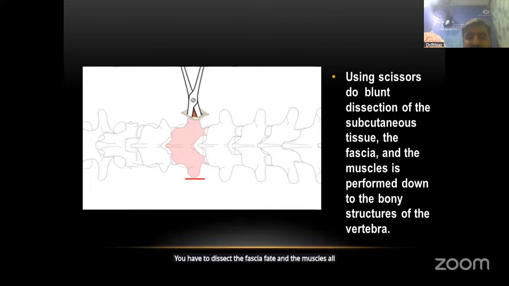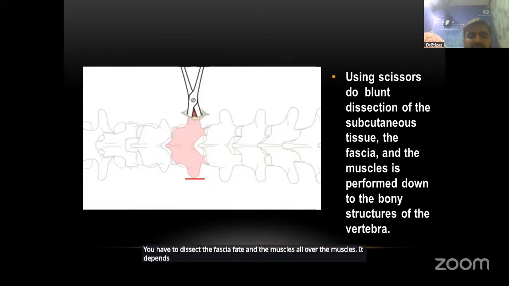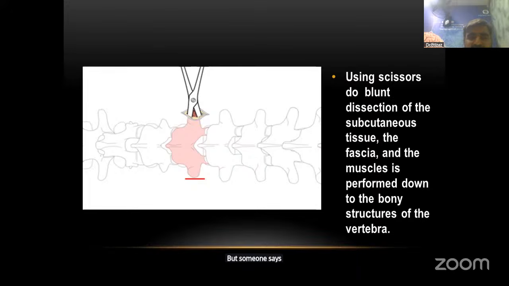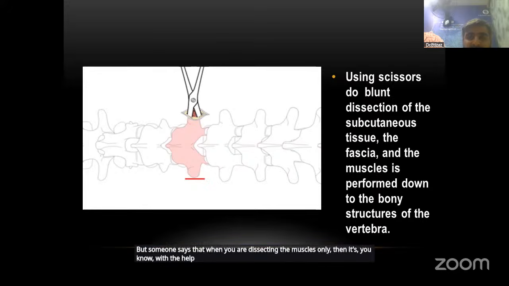It depends on you. Some surgeons say go all the way to the bony spine, and when you feel the tip of your scissor on a bony structure, hold there. But others say that when you are dissecting only the muscles, it's enough, and with the help of a retractor we can dissect. So it is a blunt dissection.